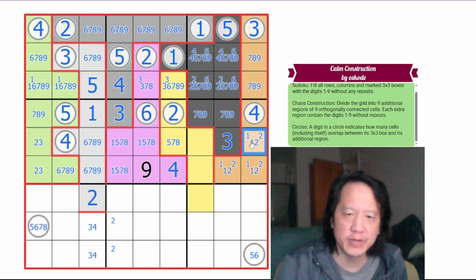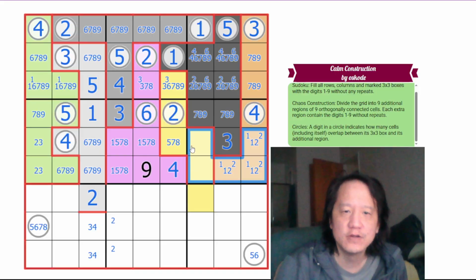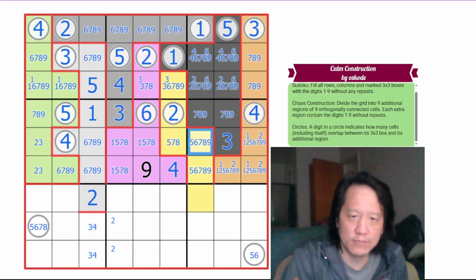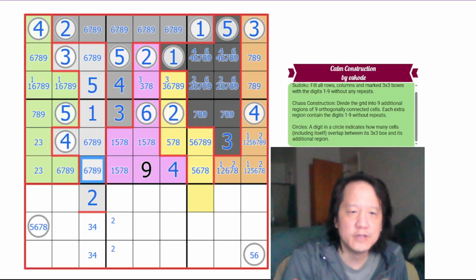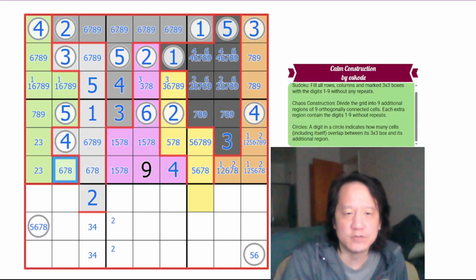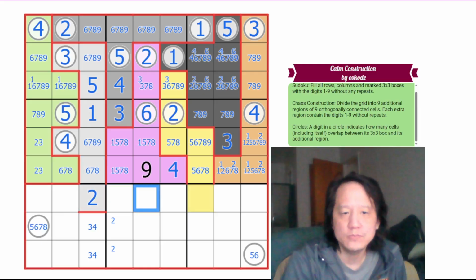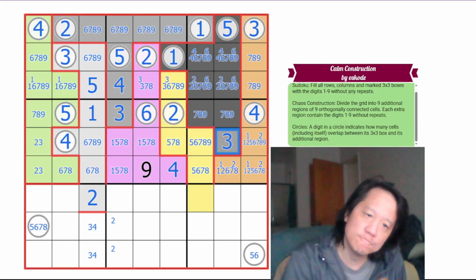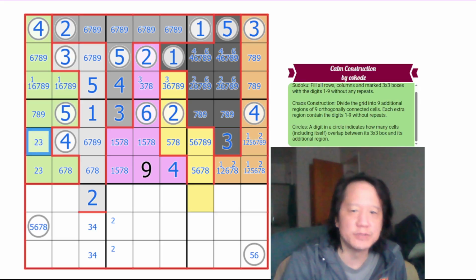Remaining digits in the box are 5, 6, 7, 8, 9. So this cannot be 5 because of 5 in the column. This can't be 9 because of 9 in the row. These can't be 9 because of 9's in the row. Three's here, which eliminates 3 here.